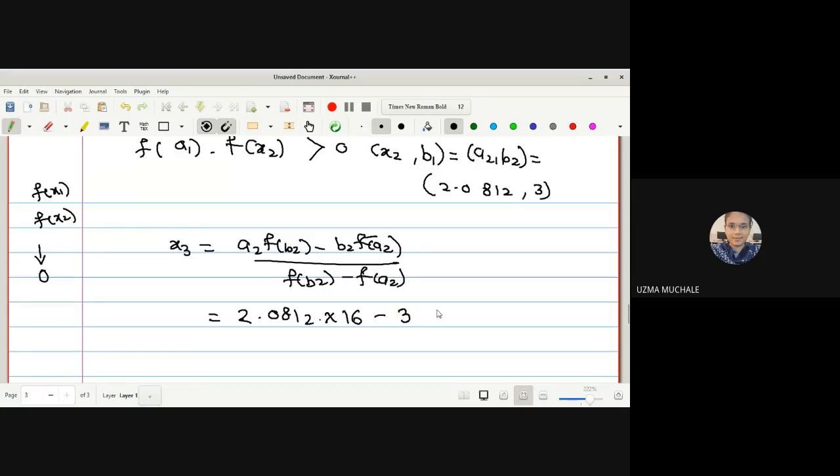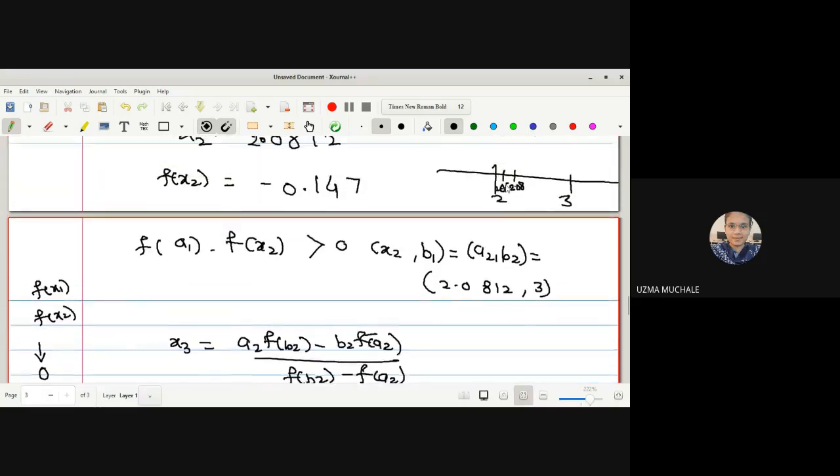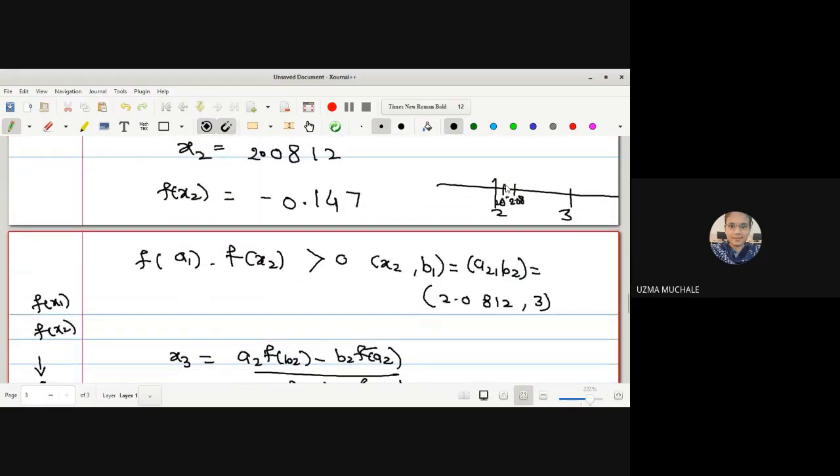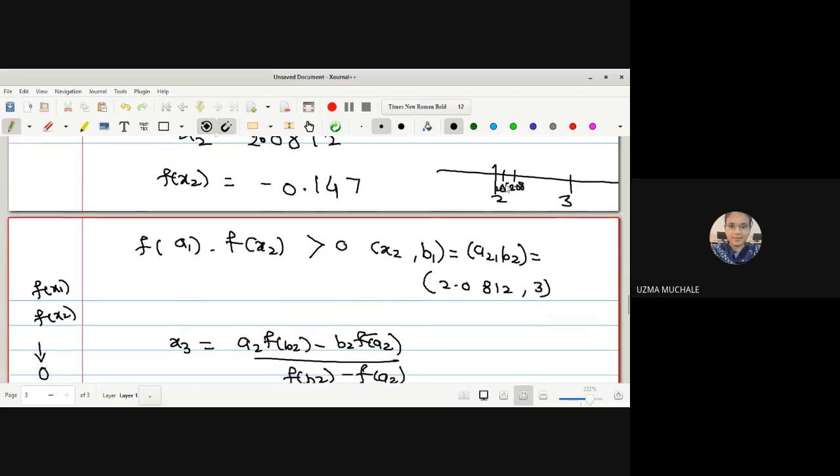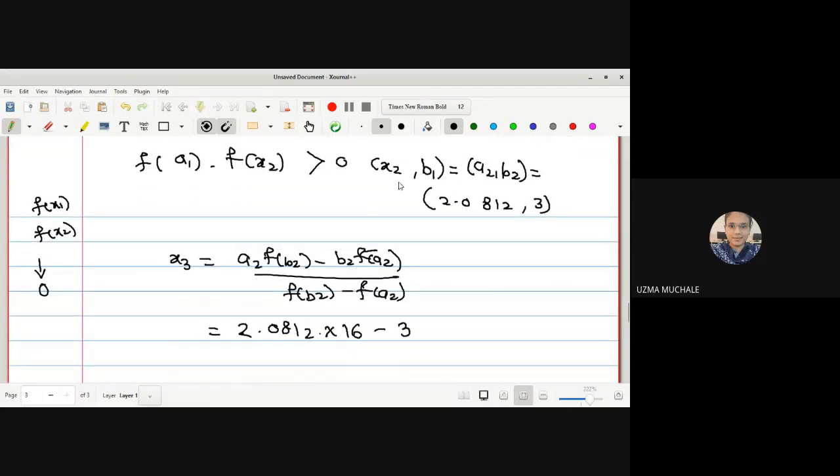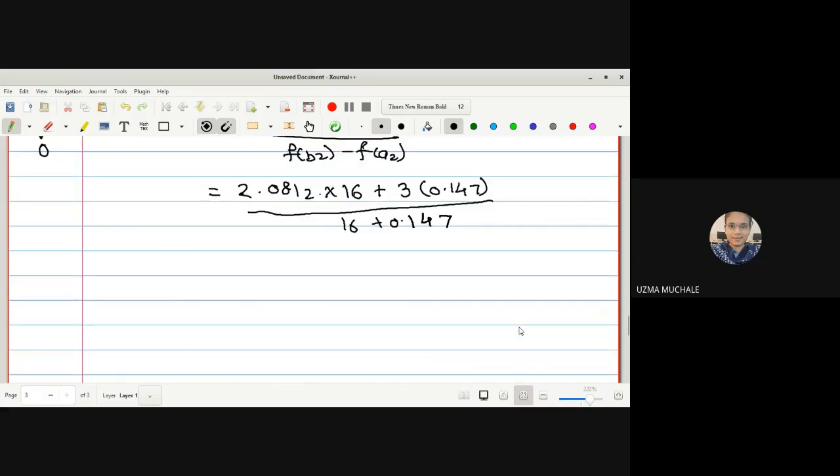And f of a2 means f of 2.0812, that is minus 0.147. This minus becomes plus, 0.147, divided by 16 plus 0.147, and so on. Calculate and tell me the value of x3.